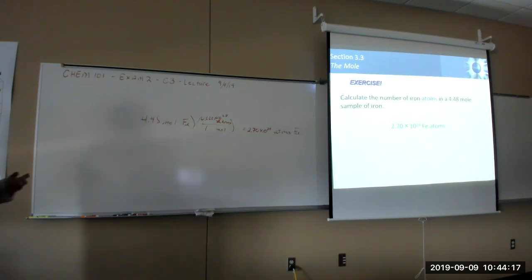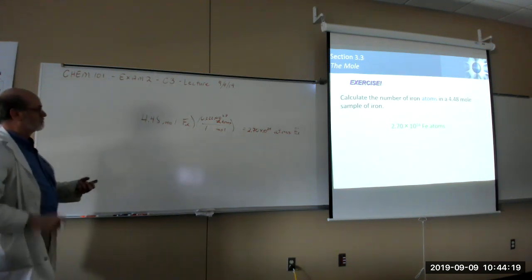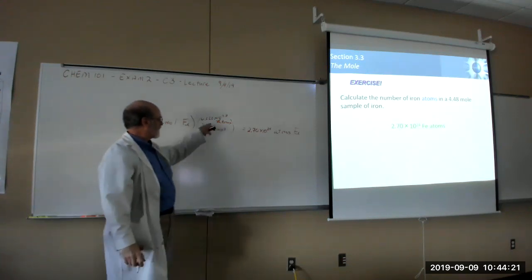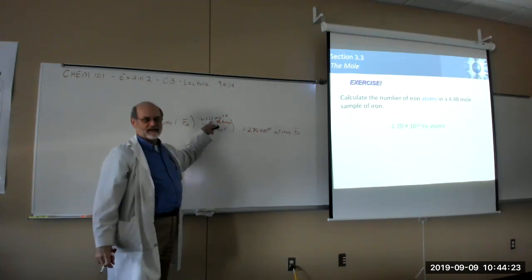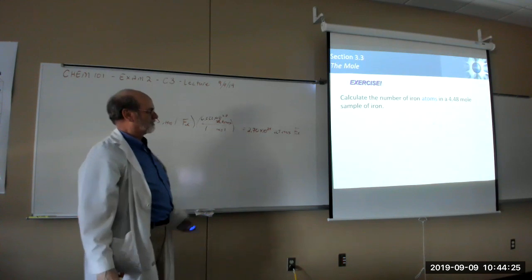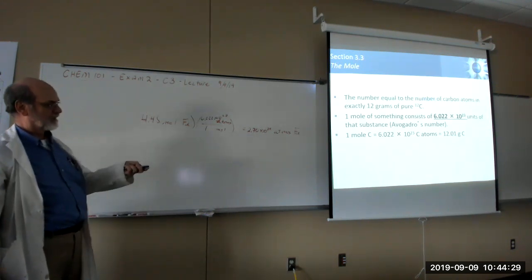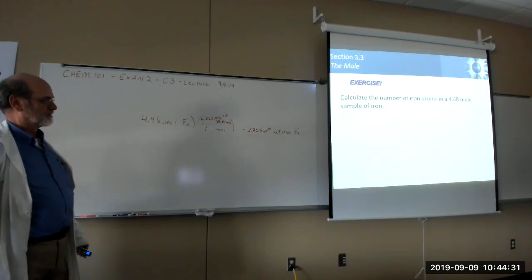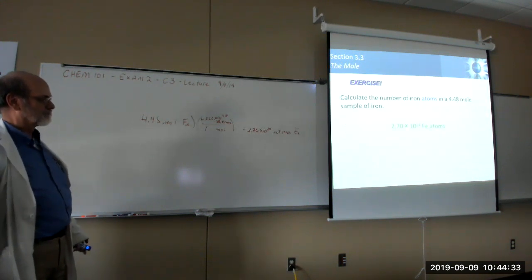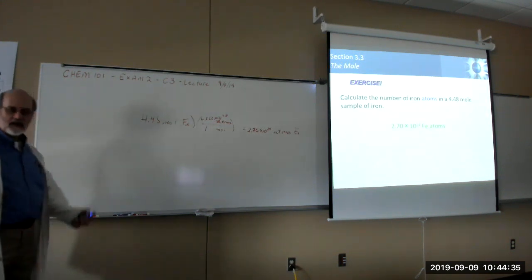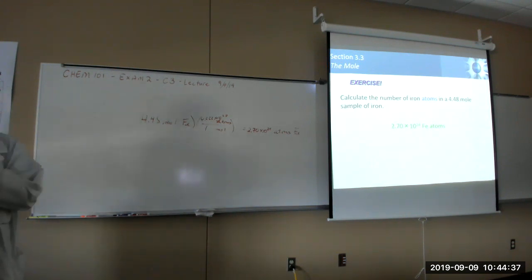Where'd you get the 6 from on top of that? That's the value for the mole, from the previous slide. Right there. Okay. If you got your calculator set up correctly to spit out answers in scientific notation, it should give you that value.